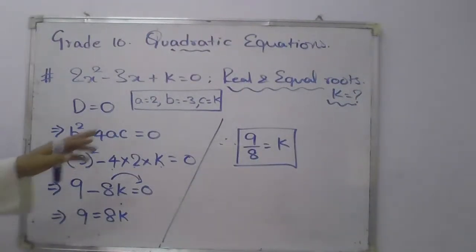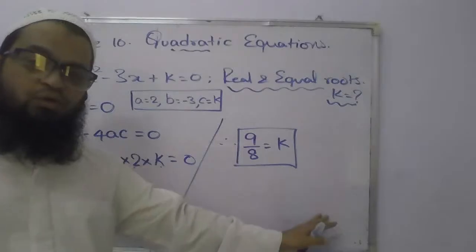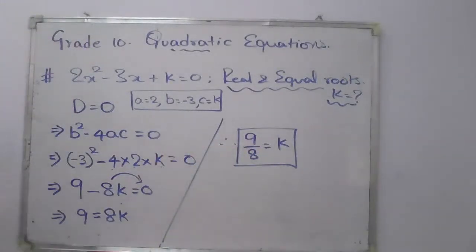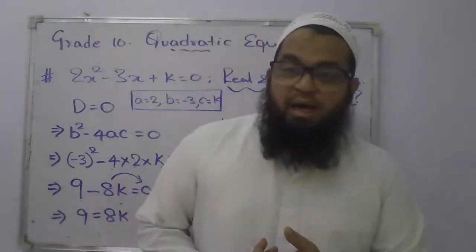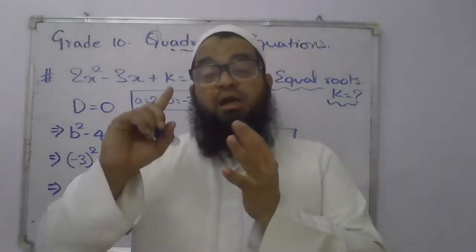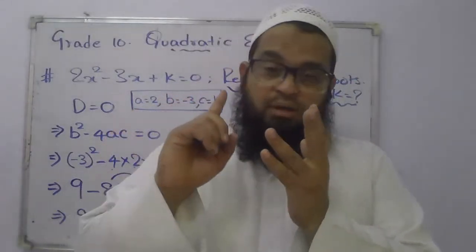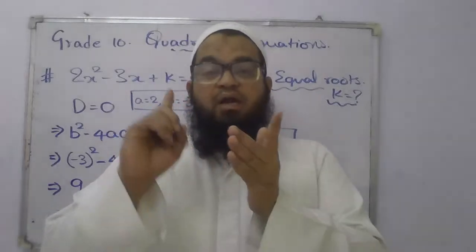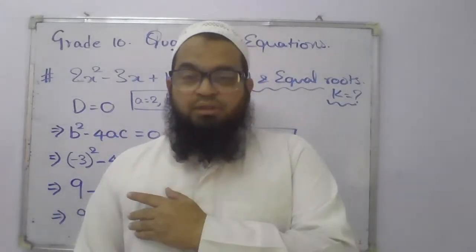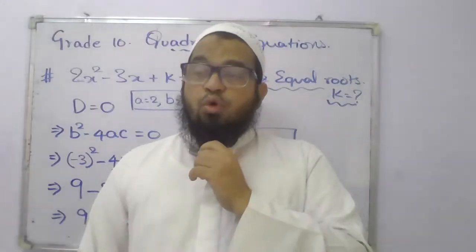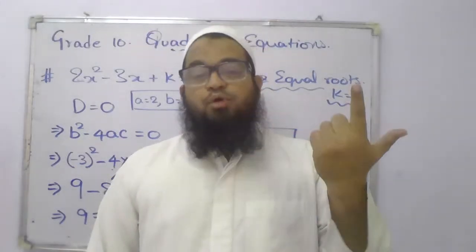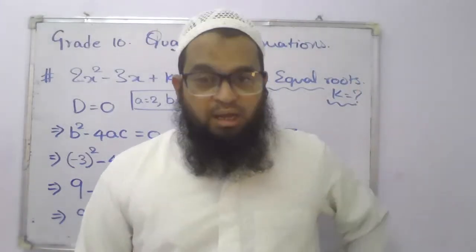So let us see now. Did you understand how they use nature of roots to find out the value of k? As I said, finding the value of k will be asked in polynomials. It is also asked in linear equations in two variables. It will be asked in quadratic equations. In polynomials, they will give you the sum of zeros and product of zeros, and they will ask you to find k.